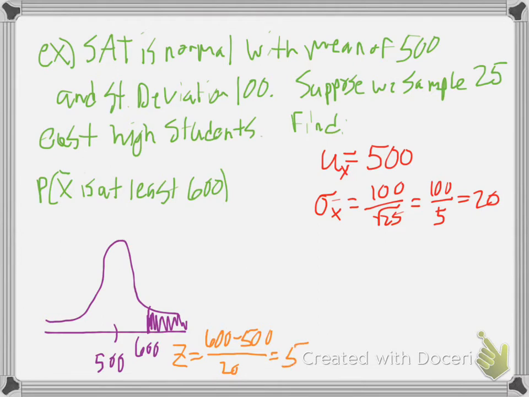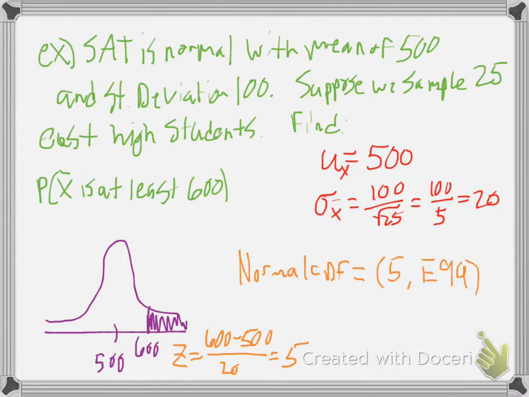That's really high. So the chance that the sample of 25 East High students is 600 or above will be the normal CDF of 5 to E99.